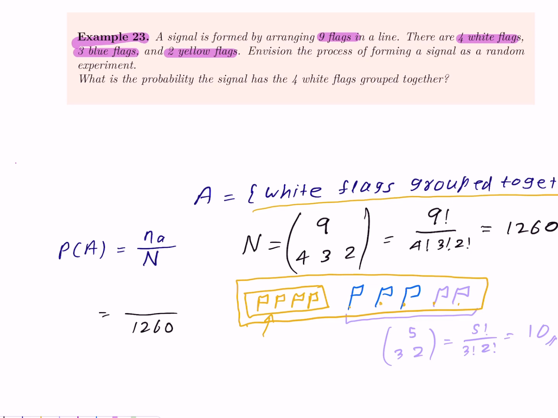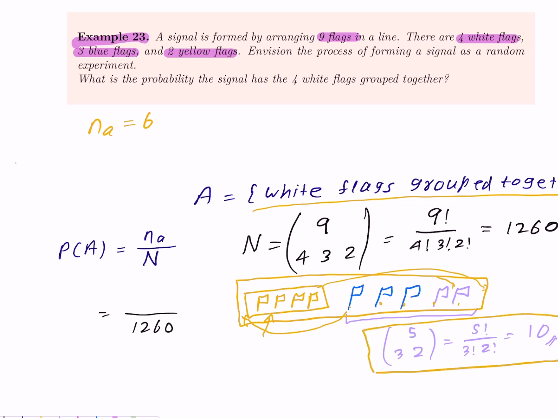There are six ways, right? You can bring this one over here or over here, something like that, and you can change this one over here. There are six ways. So to find N(A), that is six ways. But not only that, we have this part too, don't forget it.